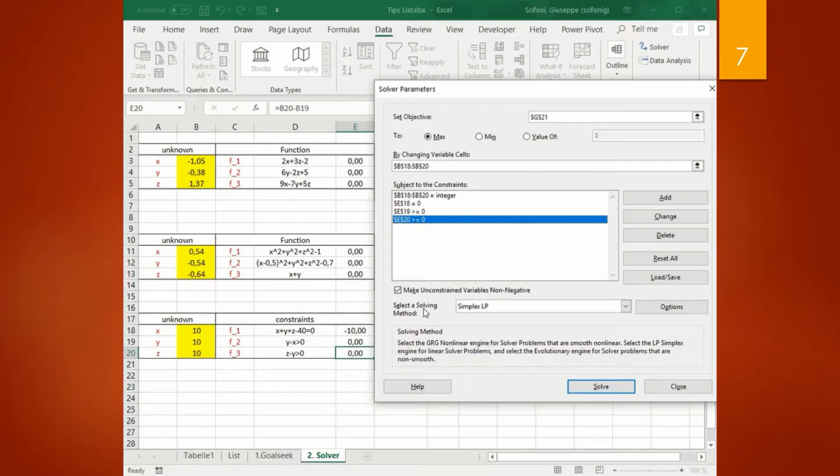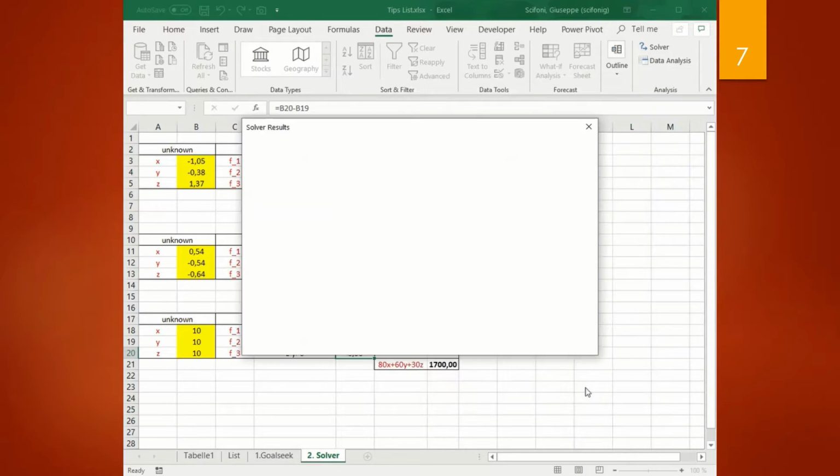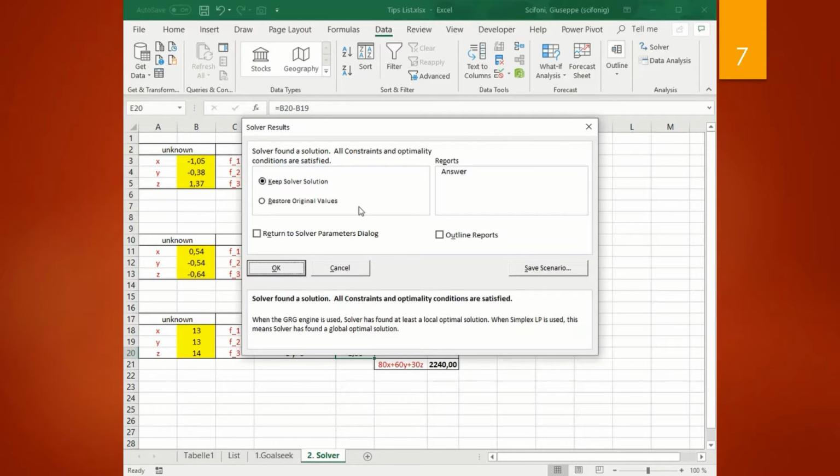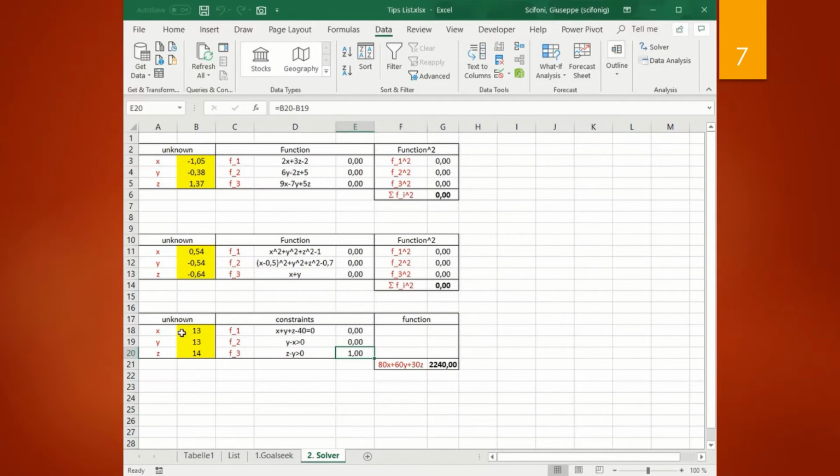And then as a solving method, we select simplex LP, so a linear method, and we need to check the box to make unconstrained variables non-negative. And then we click solve. And eventually we find a solution, which is x 13, y 13, and z equals 14.